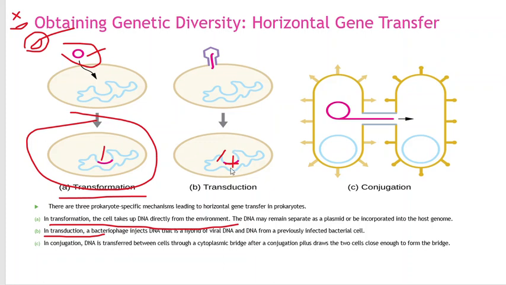So this virus leaves part of its own DNA and takes part of the bacteria's DNA, and when it goes and infects another bacteria, it puts that DNA into that new bacteria. So that's transduction. Conjugation is where these guys make a little tube.